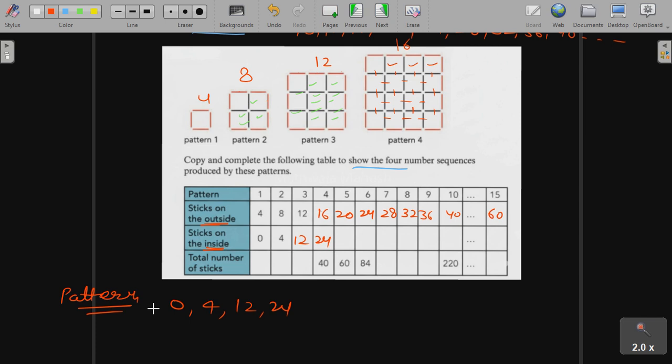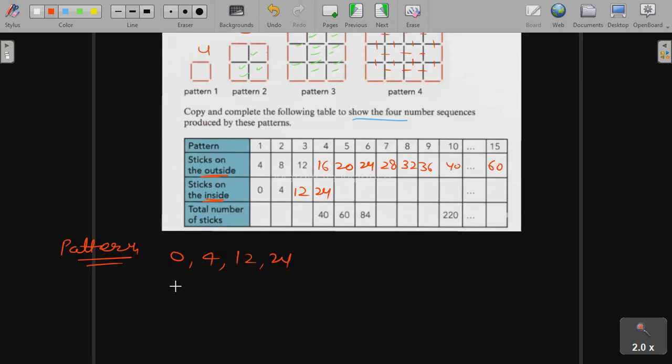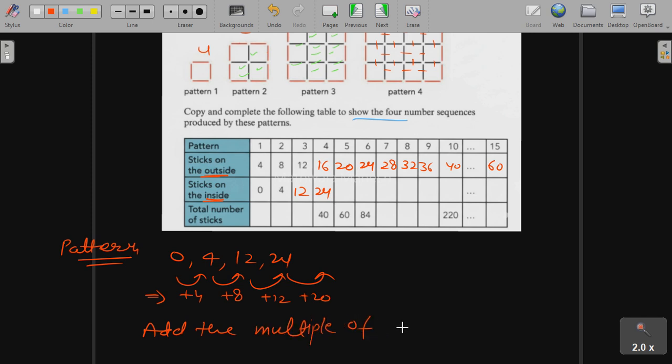What is the pattern? If I add plus 4, and if I add plus 8, I will get 12. If I add plus 12, I will get 24. So the next term, I have to add 20 because this is a multiple of 4. So we have to add the multiples of 4.